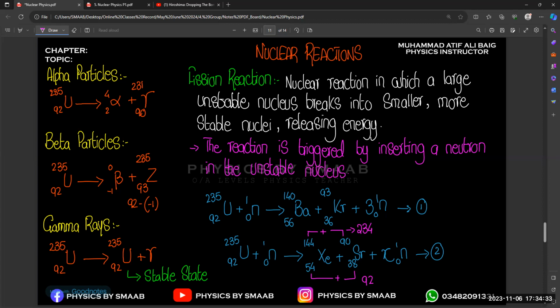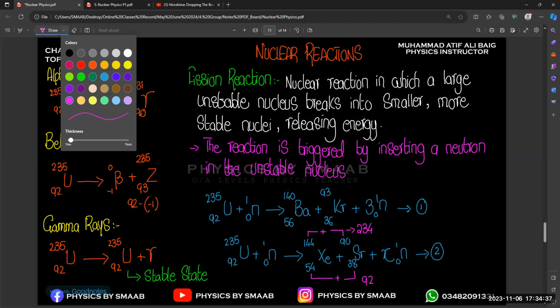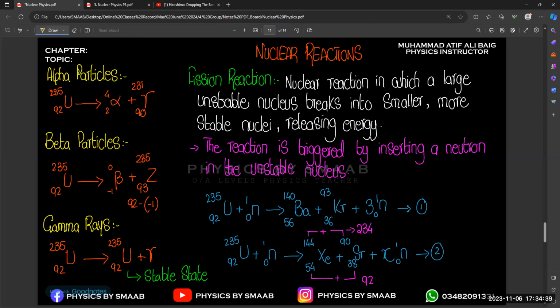So on left hand side, if you consider equation number 2, from equation number 2, we can note down the values like this. On left hand side, we are having 235 plus 1, right? This is the value on left hand side because one neutron is present on left hand side also.